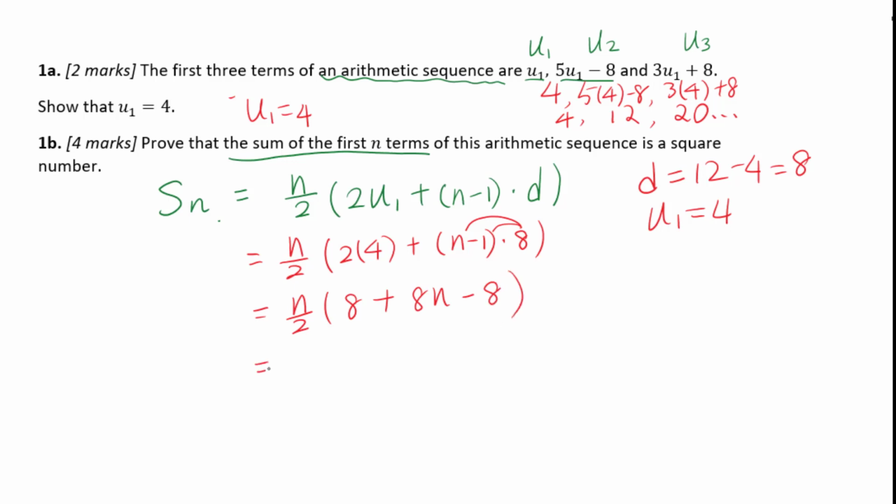Combine like terms, n over 2 times 8n. Cancel. So we have 4n squared. I can write this as 2n squared. So s sub n is a square number.